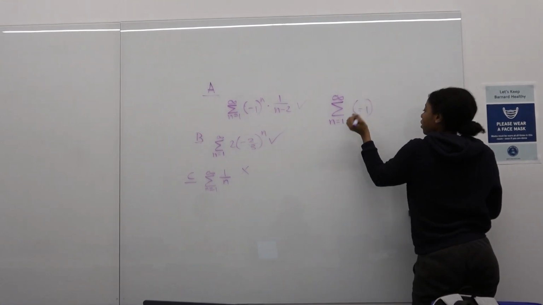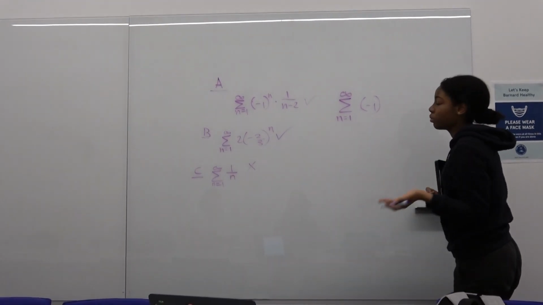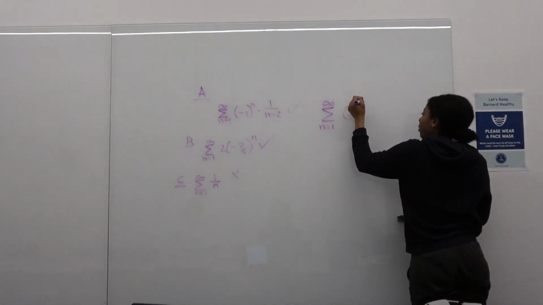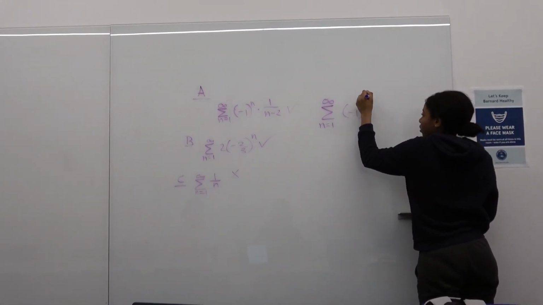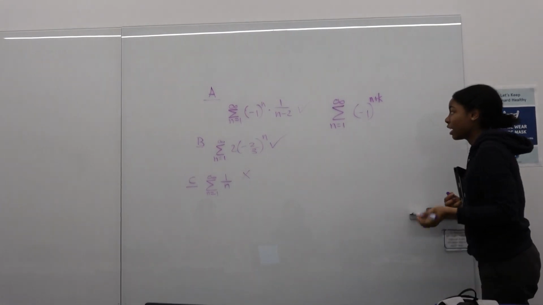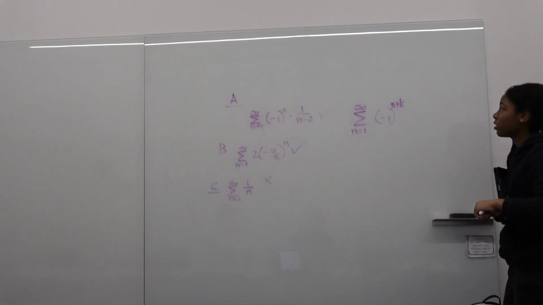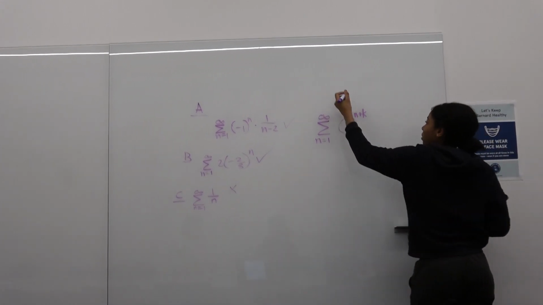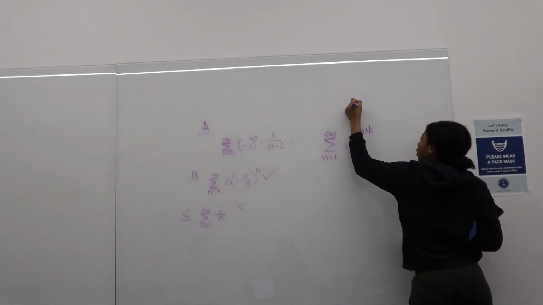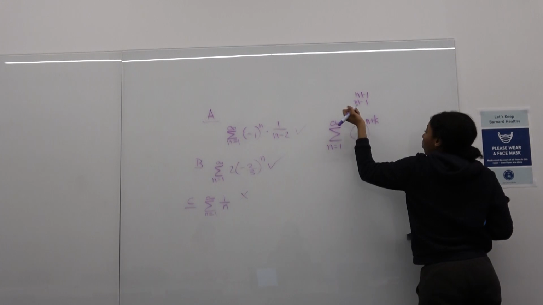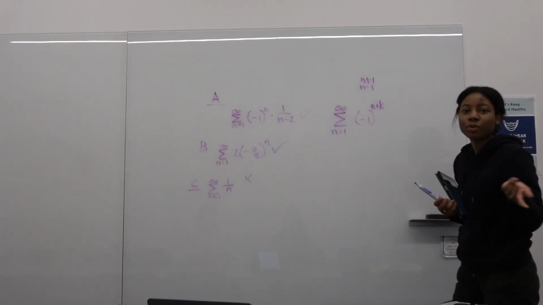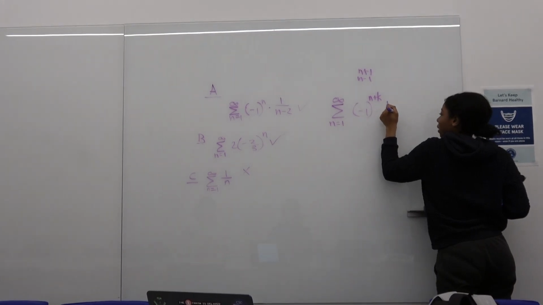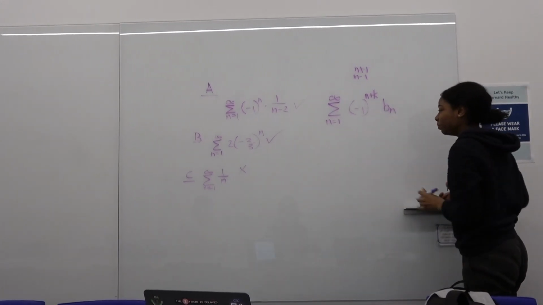We have a negative integer, which could be 1 or any other value, raised to an nth power, which could be added to an integer, which I'm going to represent as k, because k could be positive or negative, so it doesn't necessarily have to be just n. It could be n plus 1, or n minus 1, or n minus 2, or 40. And then it's multiplied by the sequence, which I'm going to represent as b sub n.